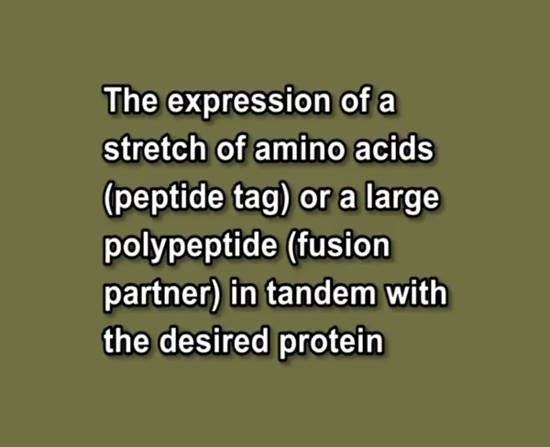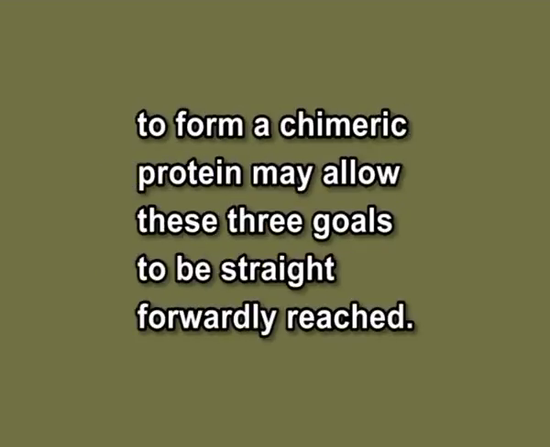The expression of a stretch of amino acids, a peptide tag, or a large polypeptide fusion partner in tandem with the desired protein to form a chimeric protein may allow these three goals to be straightforwardly reached.